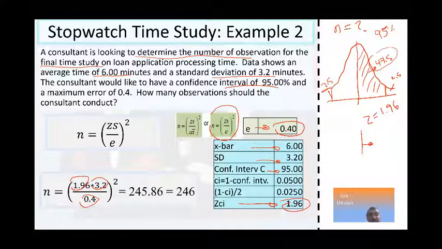It might have tricked you into thinking that you need the equation to the left, but remember, this is a final time study. So our answer is 245.86, and we round it up to 246. So the consultant needs to make 246 observations.